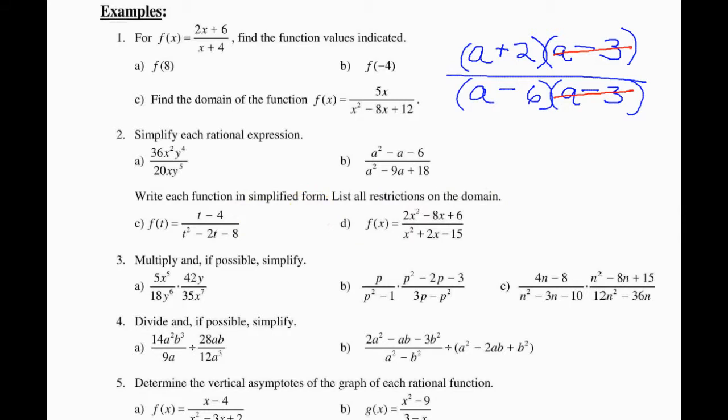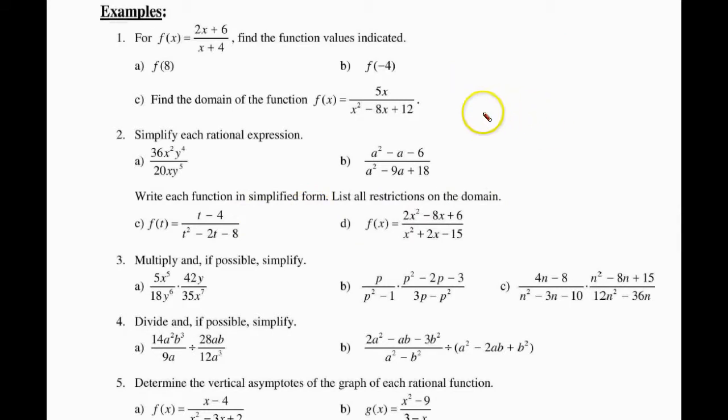So, let's work on the first one. Our top is going to be t minus 4. And our bottom, we can't take anything out, so we're going to just factor it. And it'll be t and t, and this is going to be 4 and 2.